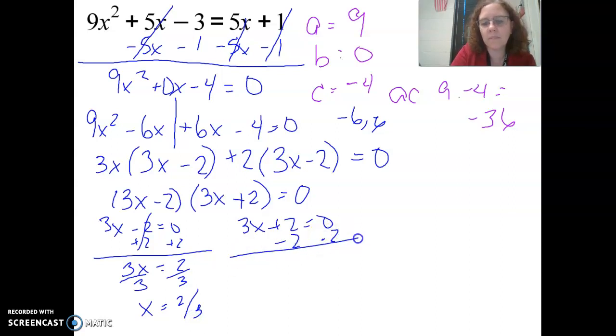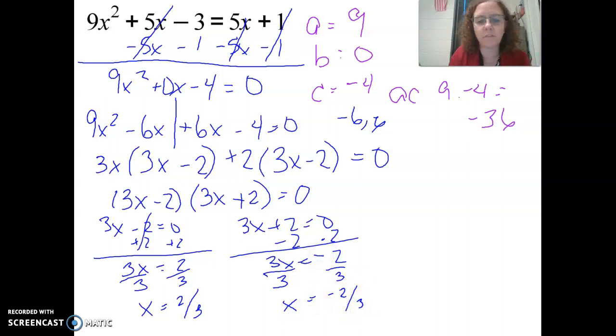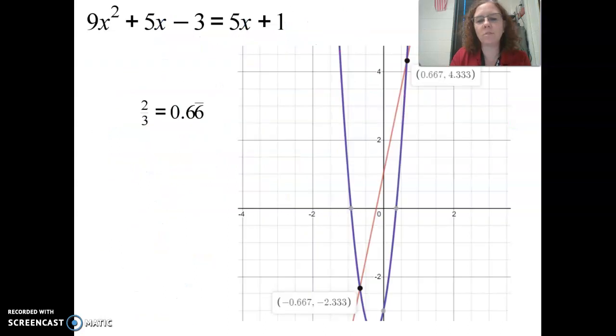And when I do the opposite operation on this side, because the numbers were the same, just the opposite signs, I'm going to end up with the opposite. I'm going to have negative 2/3. Can't really see my negative right there. So there we go. There's our two solutions, right? Exponent of 2 tells me I have two solutions, positive 2/3 and negative 2/3. And if you look at our graph, you can see that those are the two answers that I got. Those are the two dots, positive and negative.